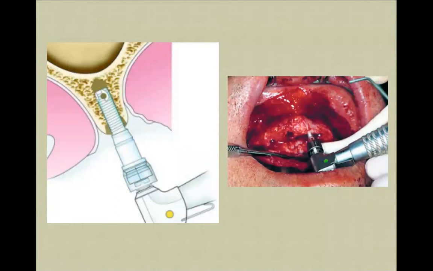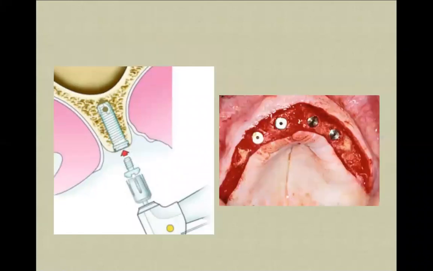You should be very careful, how to say, not with the implant. The implant is titanium. It's a very strong material, and in 99% of cases, nothing will happen from a mechanical point of view. But the bone is something living. It's a biological structure, and you have to be very careful with the bone.